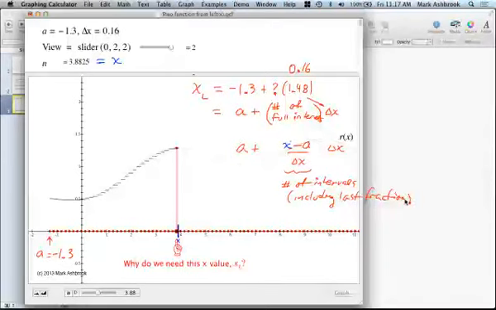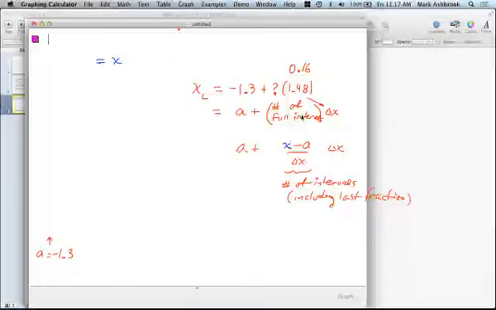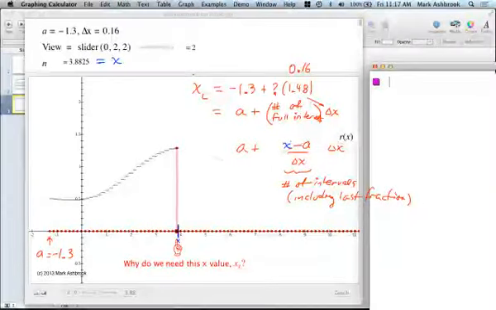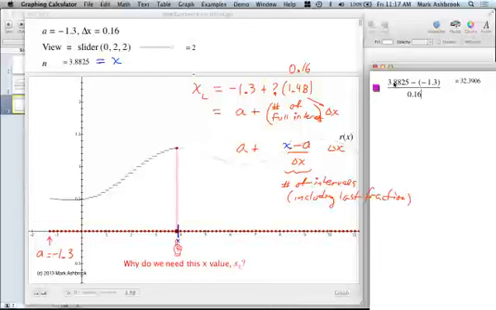So you're going to get a number like, if I do 3.88 minus negative 1.3 all over, what's my delta x? 0.16. That gives 32.39. We don't want to multiply 32.39 times delta x, we want the number of full intervals.